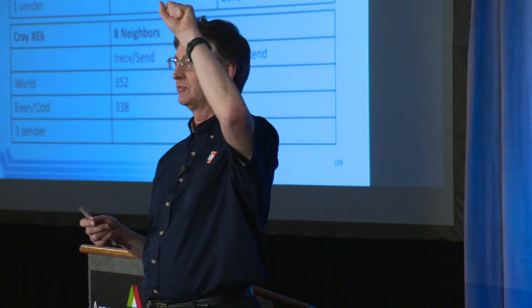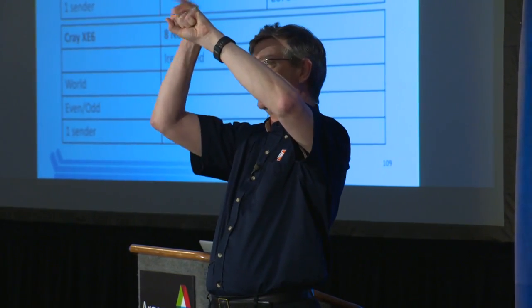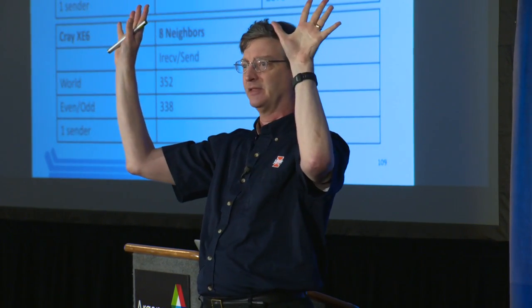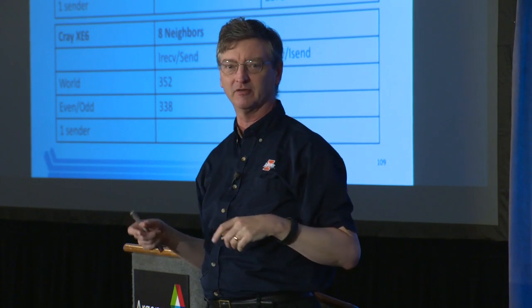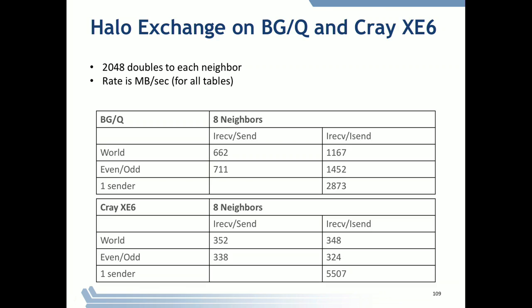And interestingly enough, if I just set up a situation where I have one process sending to its 8 neighbors, those guys receiving and nothing else going on, so there's sort of the minimum amount of possible contention, that ran at about 2.9 gigabytes per second, or about double this, which is sort of what you'd expect.